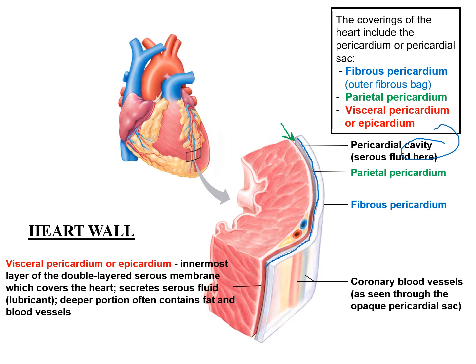This is a lubricating fluid produced by these pericardial membranes, and that's to reduce any friction that might form as the heart is pumping and beating inside the fibrous sac, okay, which is on the very outermost surface here of the heart. So this is external to the parietal pericardium, is this fibrous sac. It's a very, very tough sac.